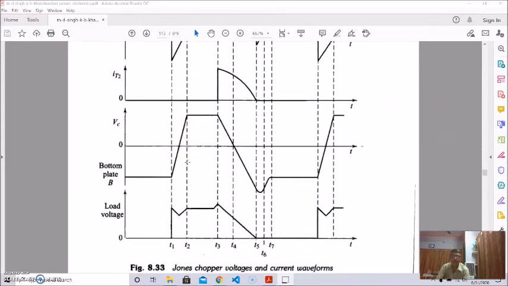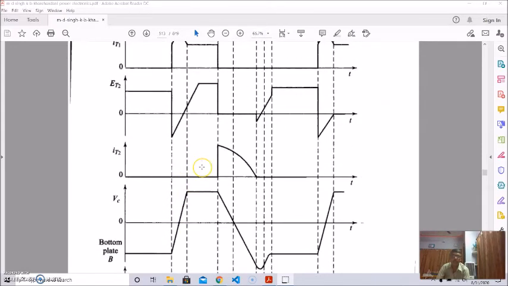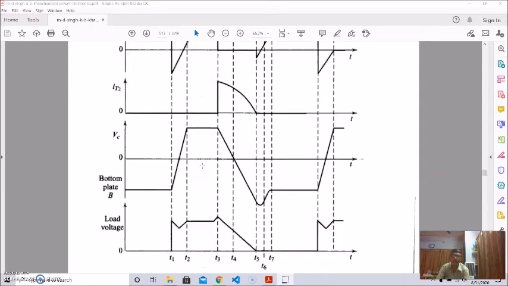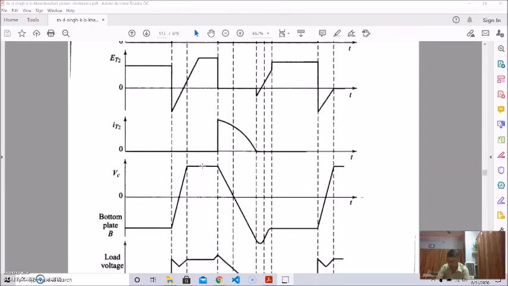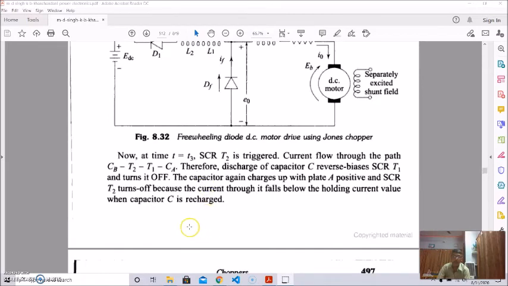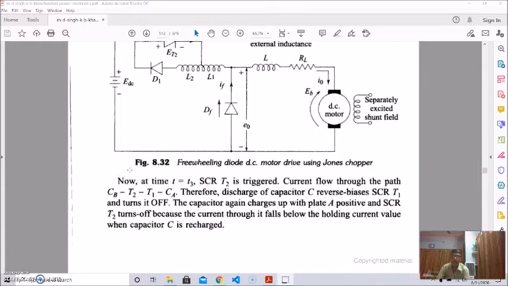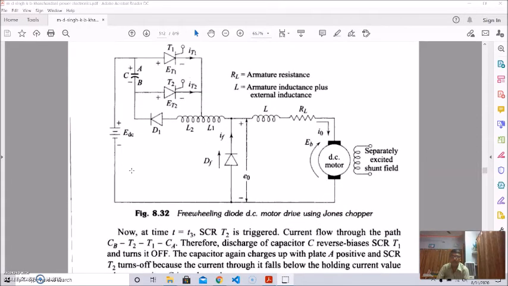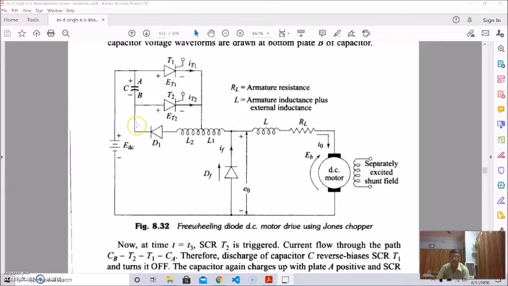Current now flows through the path from CB through T2, then T1, and back to the capacitor.